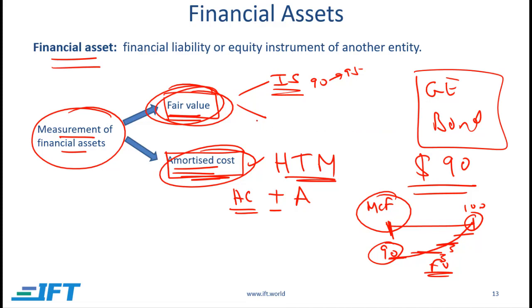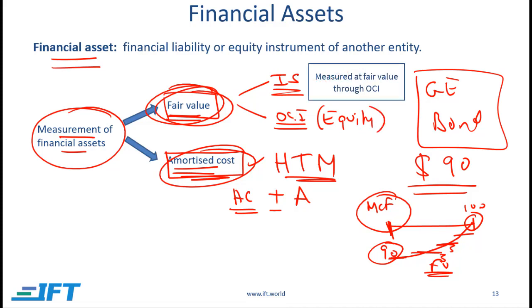The other way of recognizing changes in fair value is through other comprehensive income. Here, the unrealized gain bypasses the income statement and is shown in other comprehensive income, which is part of equity. So here, essentially, the unrealized gain is bypassing the income statement.